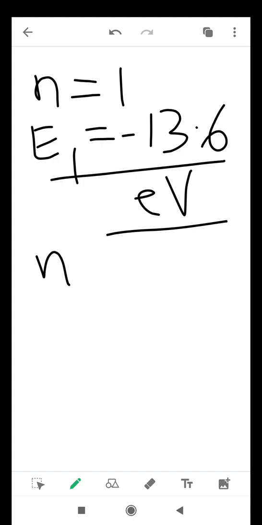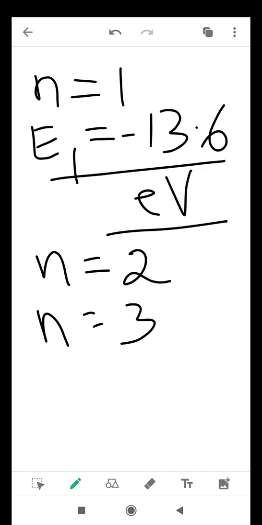n equal to 2 is considered the first excited state, with its respective energy value. We mentioned this in the last video, so go through it and you'll get the energy values. Similarly n equal to 3 is called the second excited state.